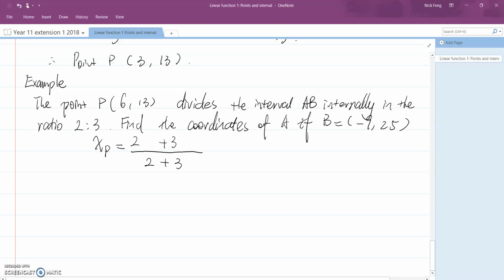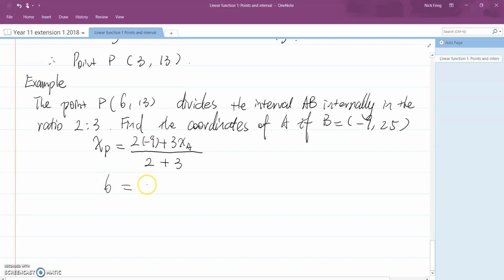And do remember, it's dividing AB internally, so therefore your x1 should be the x coordinates of A, and x2 should be the x coordinates of B. So instead of 1, 2, you do 2 and 1, x coordinates of A, which we don't know, obviously, but xp is given in this case.